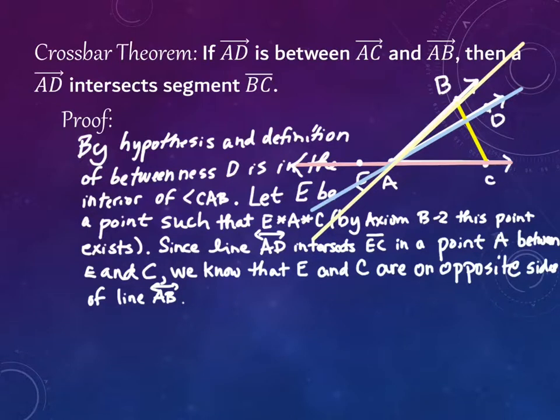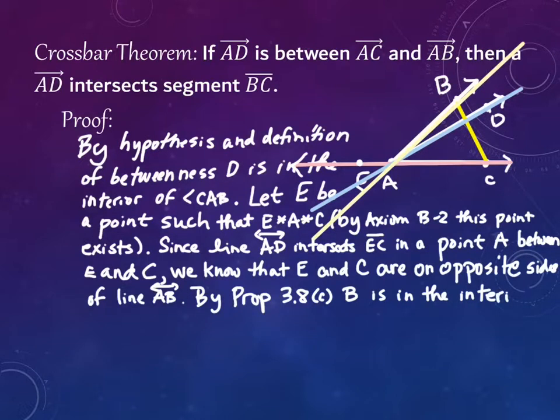All right, proposition 3.8 from last time. By proposition 3.8, part C, this point B is in the interior of angle DAE.